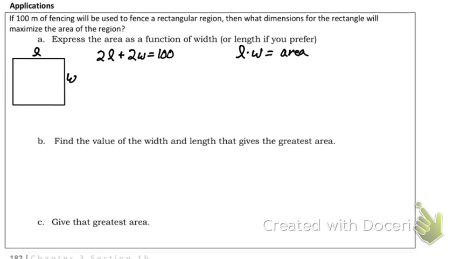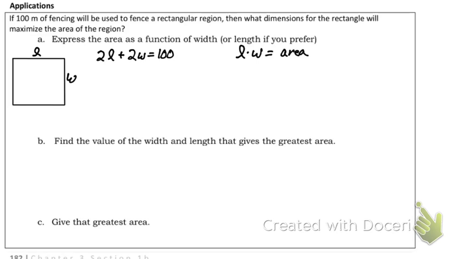As it stands right now, there's no way to use this 100 in this formula. I can't put this 100 in place of area, I can't plug it in place of width, and I can't plug it in place of length. So what we're going to do is rewrite either length or width in terms of the other variable. And you'll see why in a second.